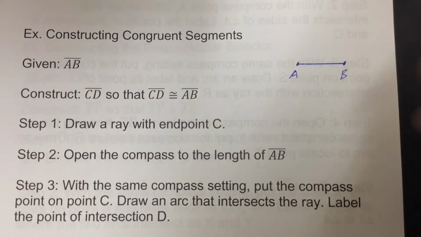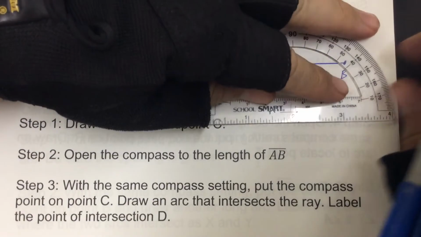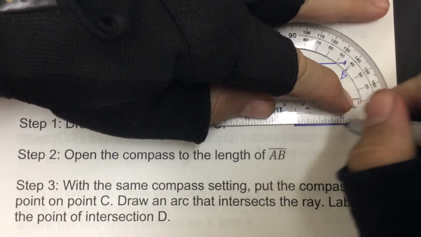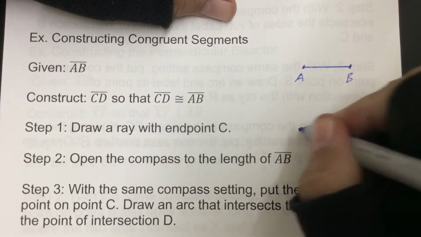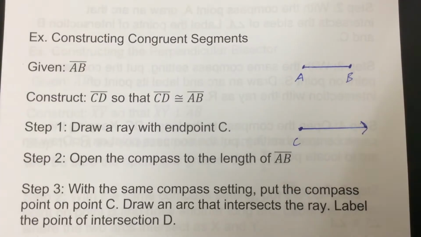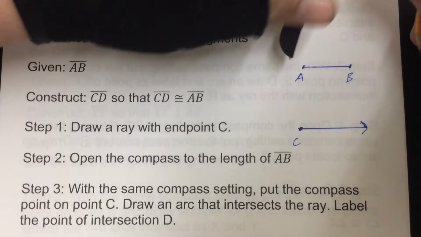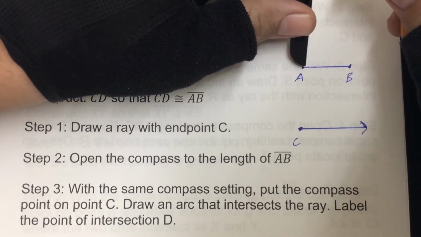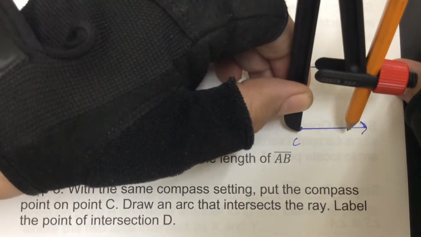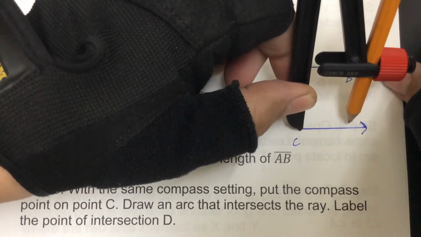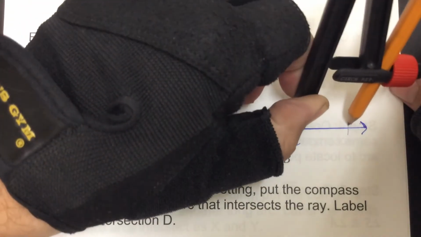What we need to start with is a ray. Now our ray is going to be bigger than our segment here. One side with the arrow, the other side will be at point C. From here, we're going to take our compass and put our metal point on A, our pencil point on B, and then with that same measurement, move the metal to C and draw a little arc.